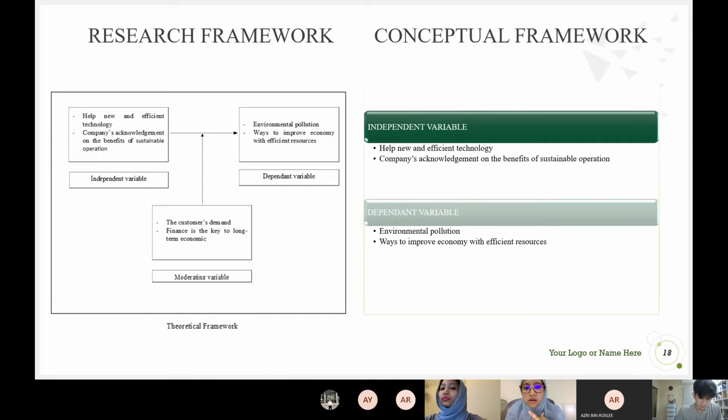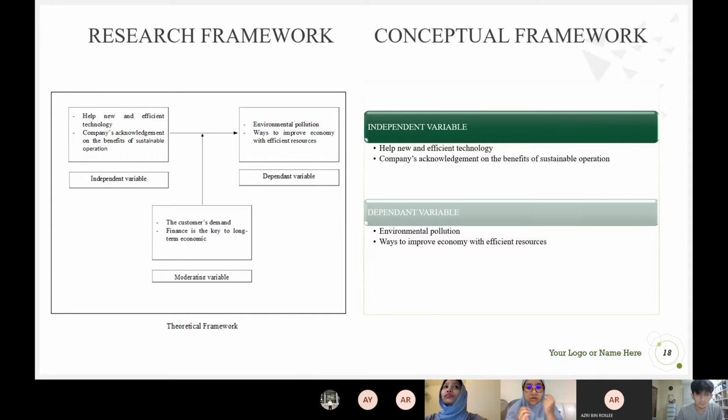For the conceptual framework, we have two variables, that is independent variables and dependent variables. The independent variables, as in the research framework, are help from new and efficient technologies. Next is companies' acknowledgement on the benefit of sustainable operation.